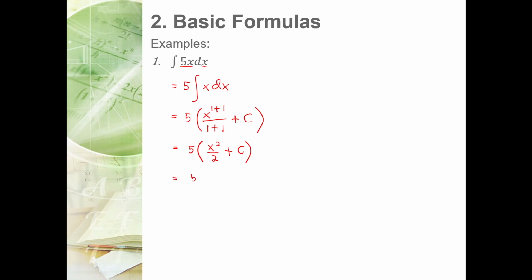Then we have 5x squared all over 2 plus 5c. Your 5c can be combined into one big C because we don't know the value of C, and regardless of how many times we multiply it, even a million, it is still a constant. So 5x squared all over 2 plus C will be your final answer.